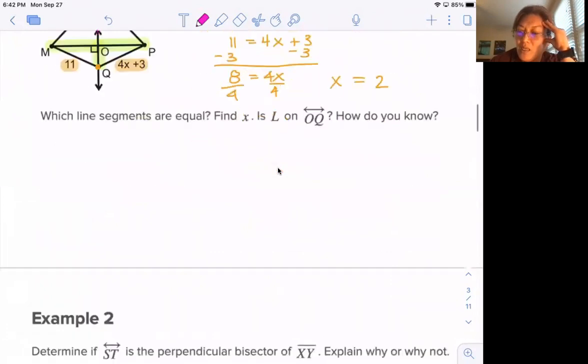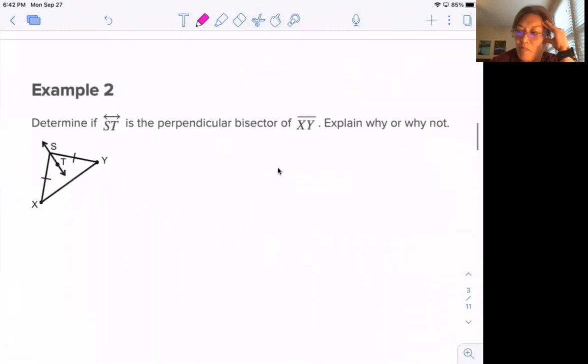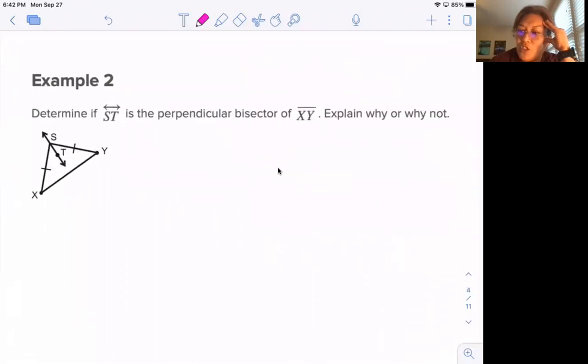All right. Example 2. Determine if ST is a perpendicular bisector of XY. Explain why or why not. What do you think? True or false? Is ST the perpendicular bisector of XY? I'm going to go with no. This and this are congruent.